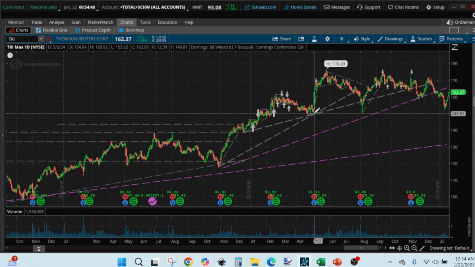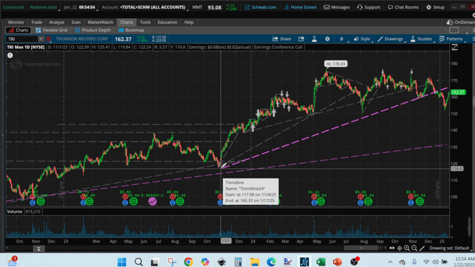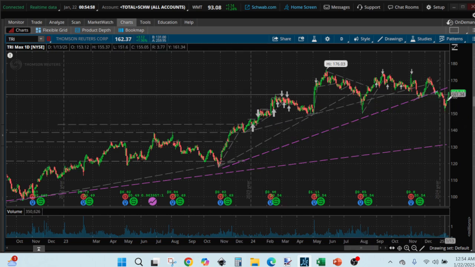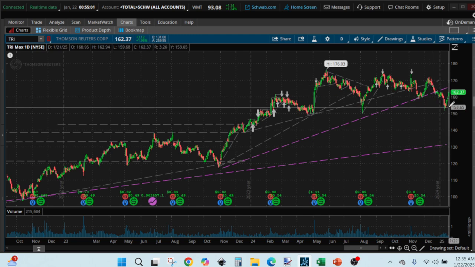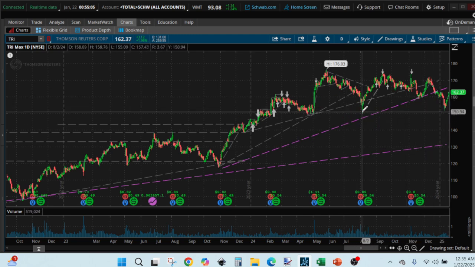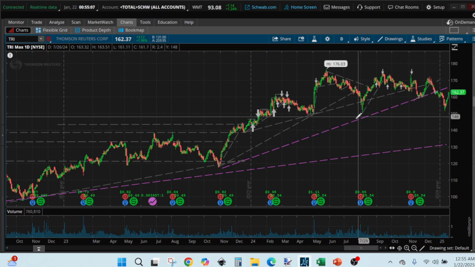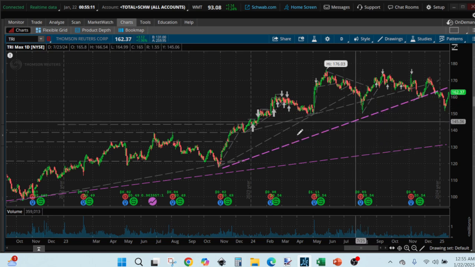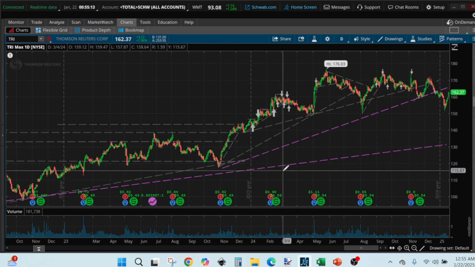So I don't know what this is doing, because this trend line didn't really touch. It touched this little bit, touched this, but then it went below it. So now having a good anchor for this line.